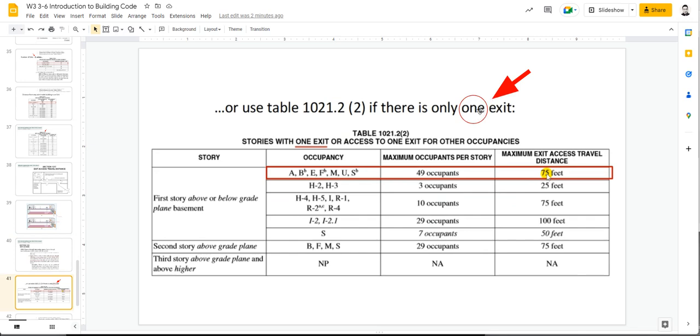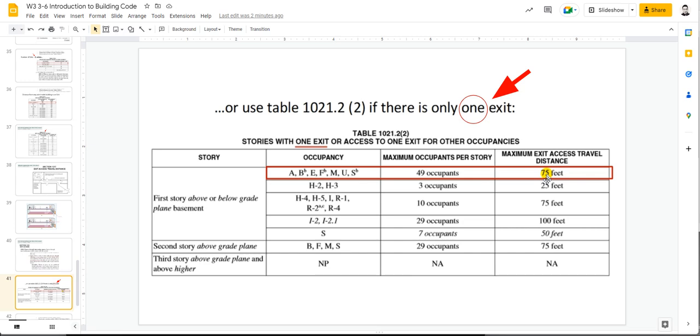And when can you only have one exit? If you have less than 49 occupant load per story, because you can have a protected stairwell fire exit. And if your building has one floor with an occupant load of 49, then you can travel 75 feet from the farthest corner of that floor or that story to the exit door of the fire protected stairwell.